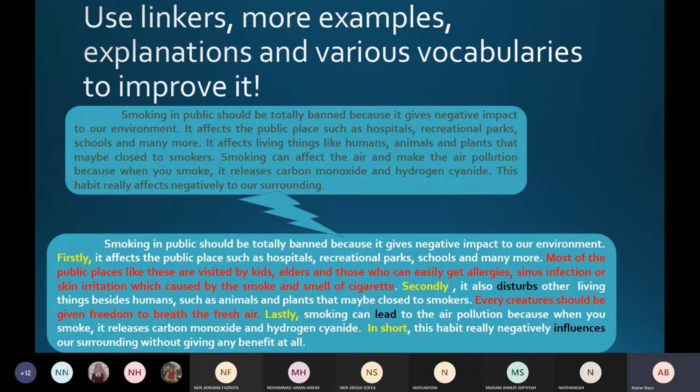Okay, I call Muzaffar. Where is Muzaffar? Muzaffar, are you there?